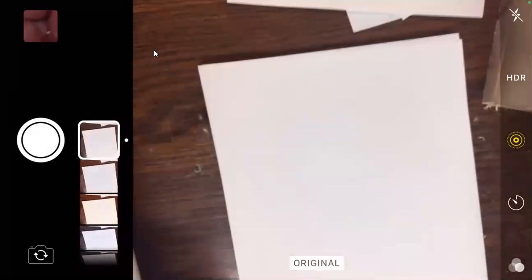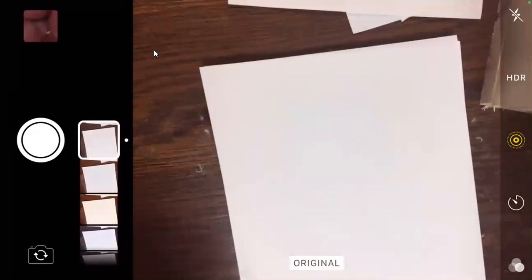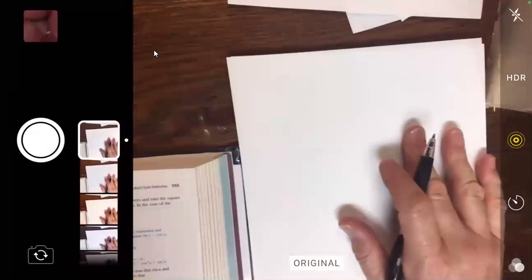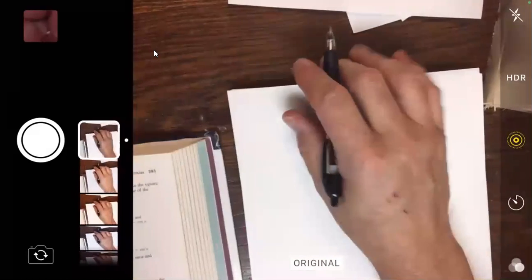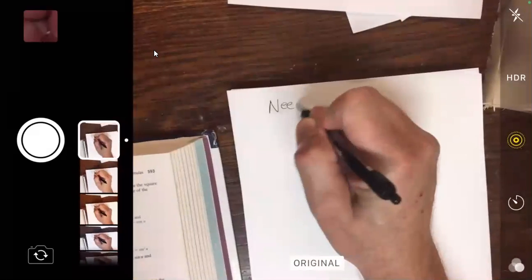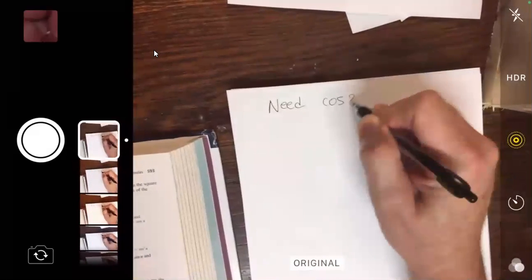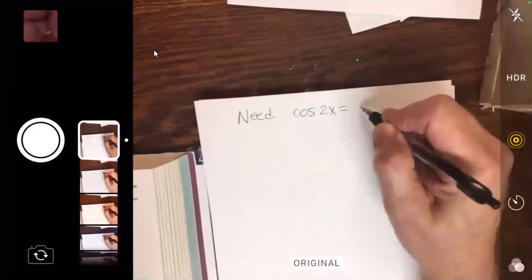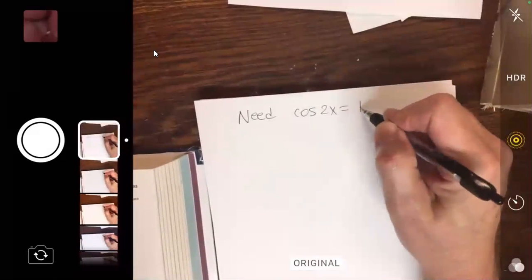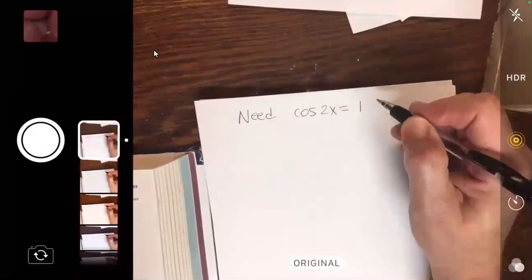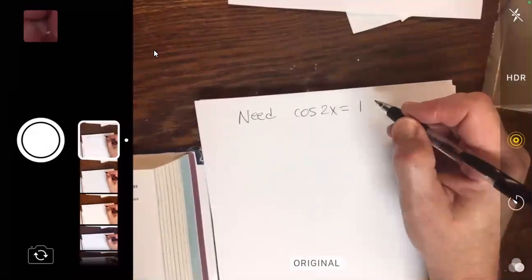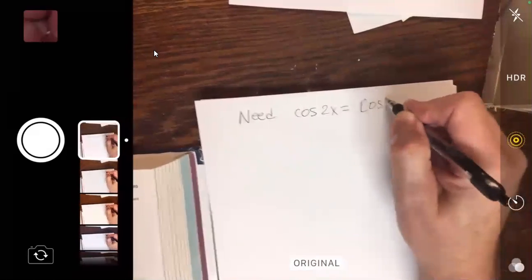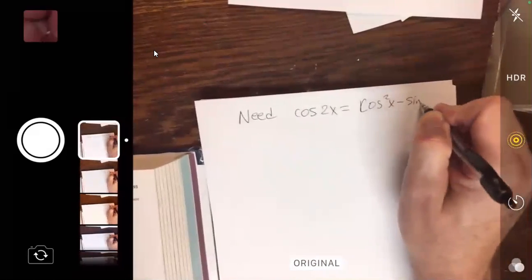Again, I won't beat them to death. Your cosine of 2x is, well, I think version 1, cosine squared x minus sine squared x.